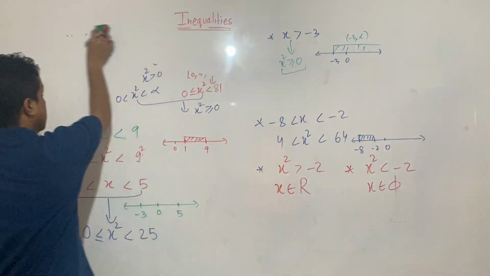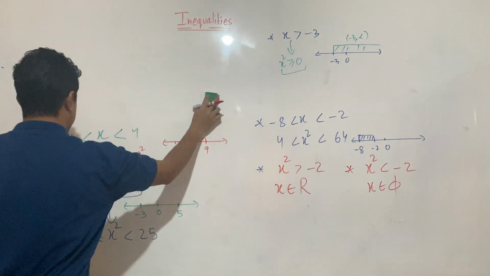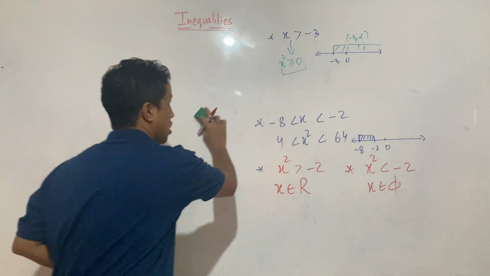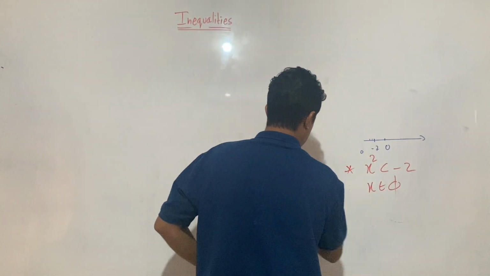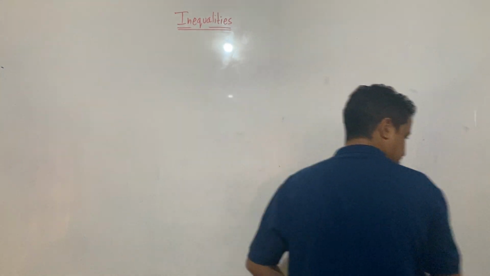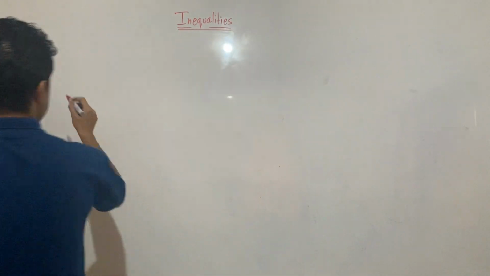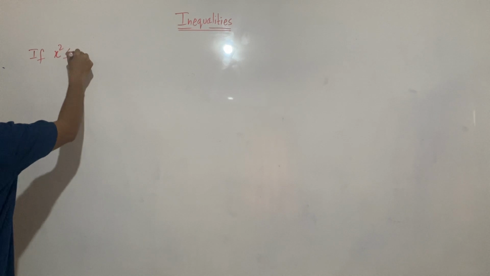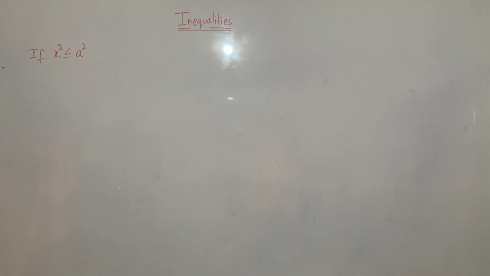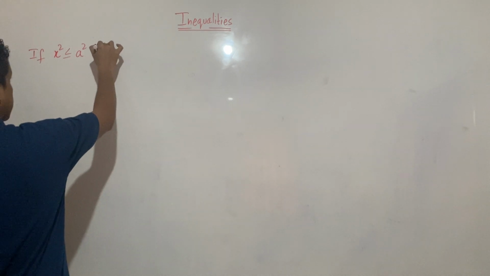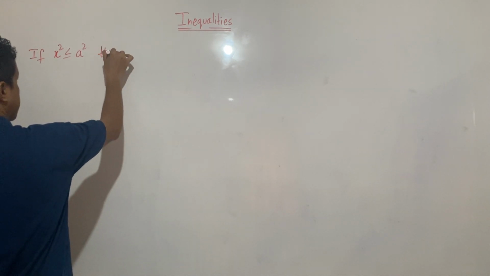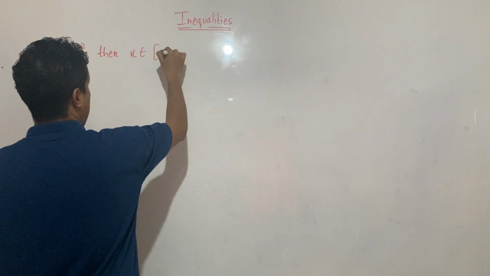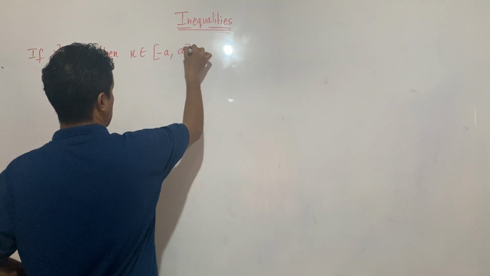Now let's do one important result. This result says that if your x square is less than a square, then your x is going to be between minus a to a.